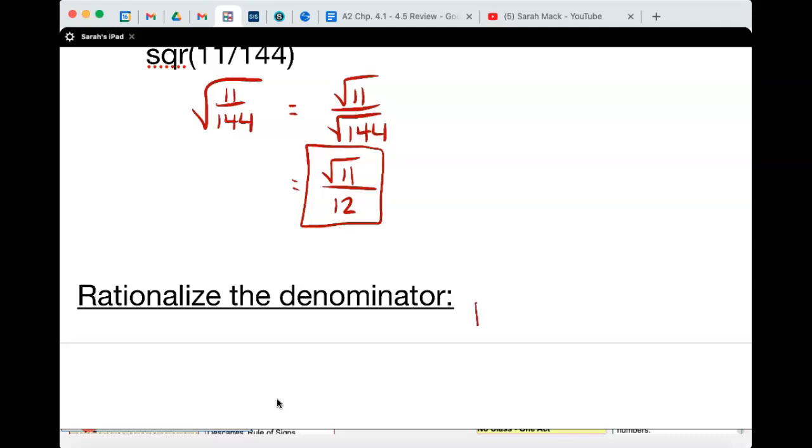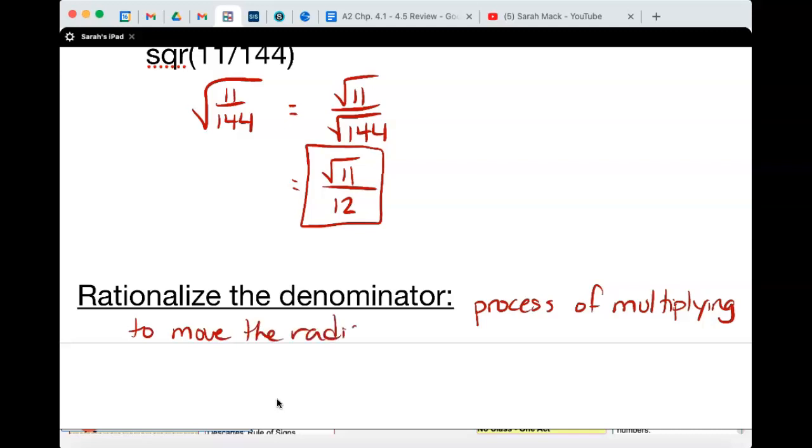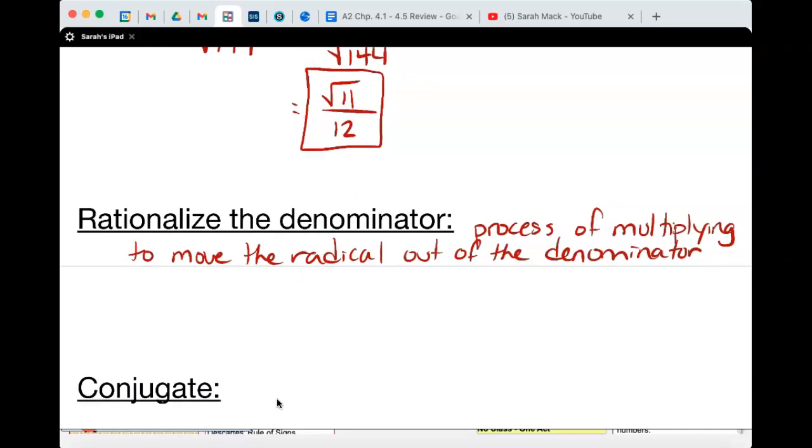So I'm going to say it's the process of multiplying to move the radical out of the denominator. For example, if I had 2 over the square root of 3.